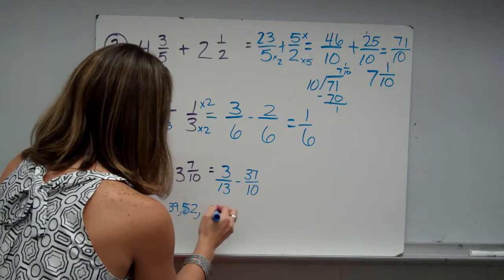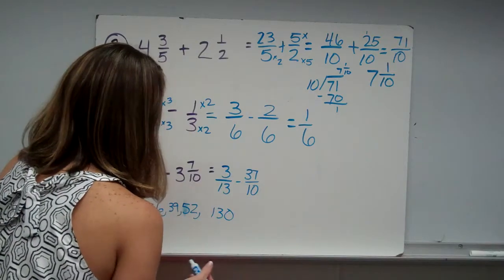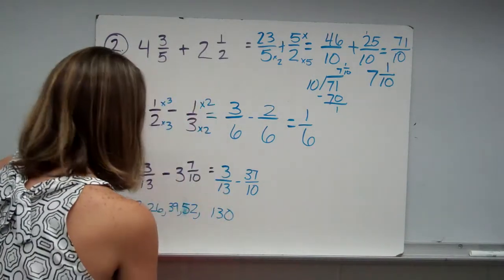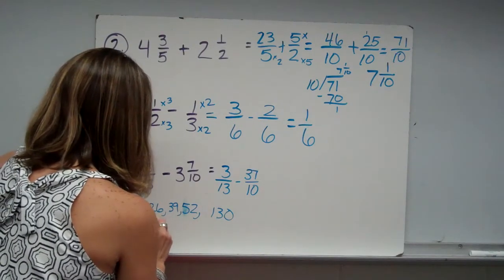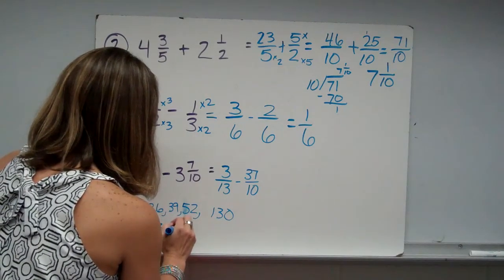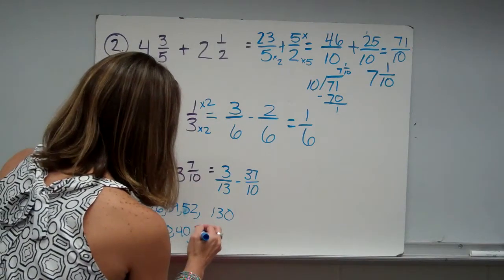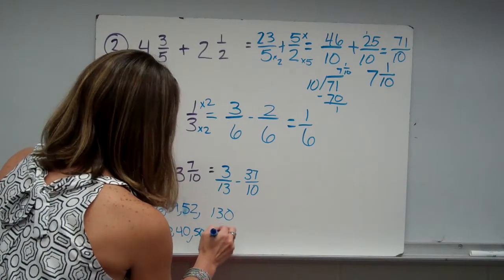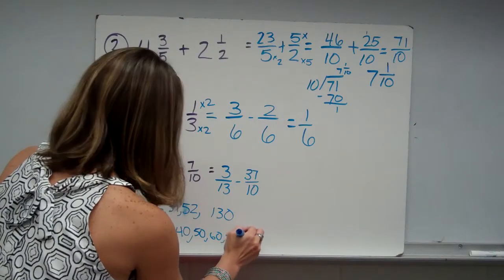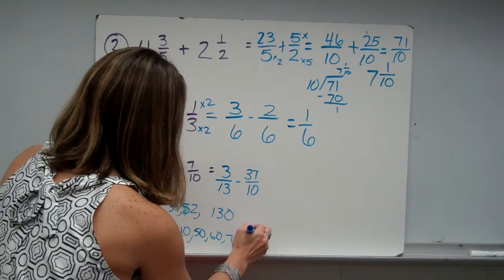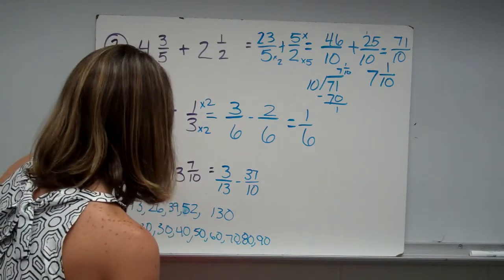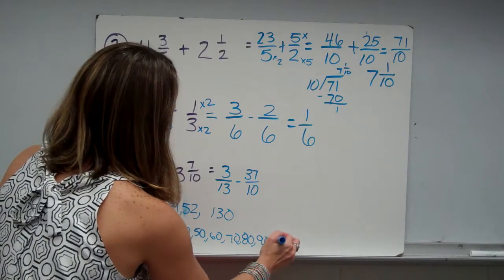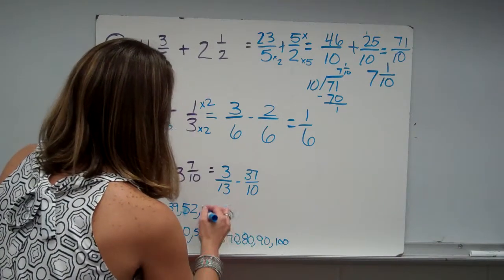Well, I'll tell you what, I know that 130 is a multiple. There may be one beforehand, but I know that 130 is because that's what you get when you multiply them by each other. 80, 90, and I cannot think of anything in between that it might be. So we'll do it times that.